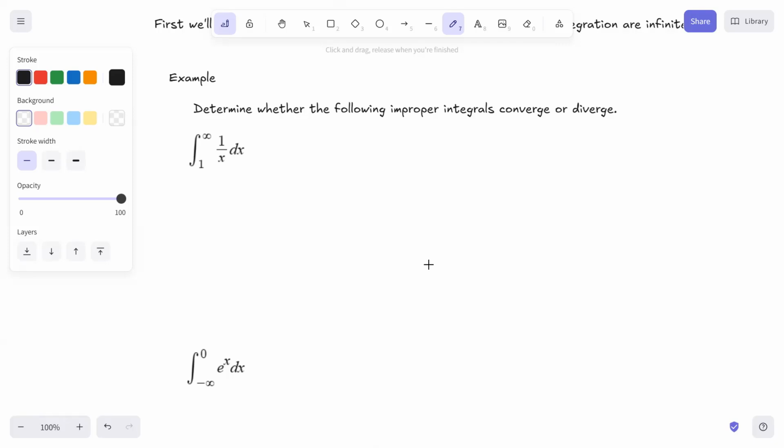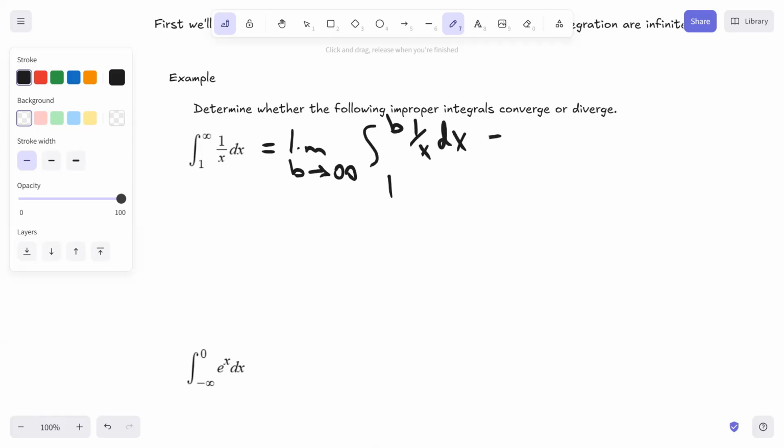So if we have the integral from 1 to infinity of 1 over x dx, what you have to do is rewrite this as the limit as b approaches infinity of the integral from 1 to b of 1 over x dx.